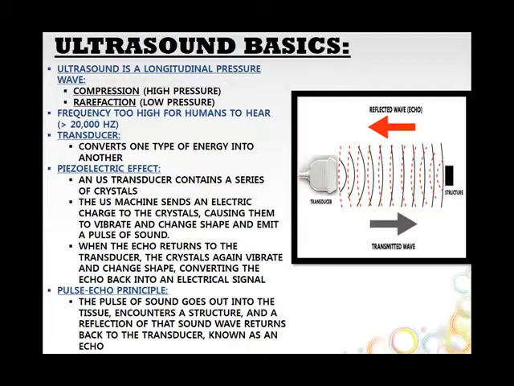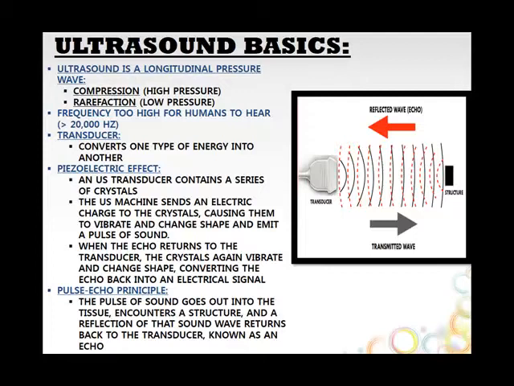When it comes back to the transducer, that echo or reflection hits the crystal, and that crystal again vibrates and changes shape and converts that echo or sound wave back into an electrical charge, which travels down the wire of your ultrasound probe and into the ultrasound machine.